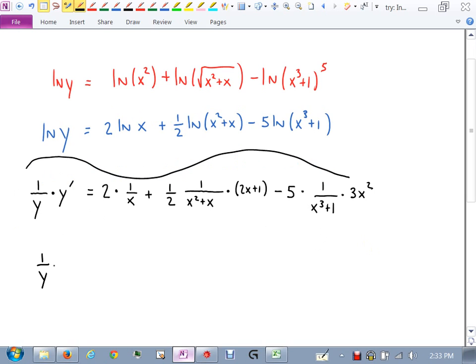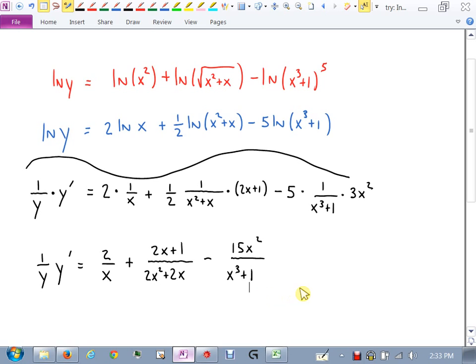1 over y times y prime equals, let's see, 2 over x plus 2x plus 1 over 2x squared plus 2x minus 15x squared over x cubed plus 1.